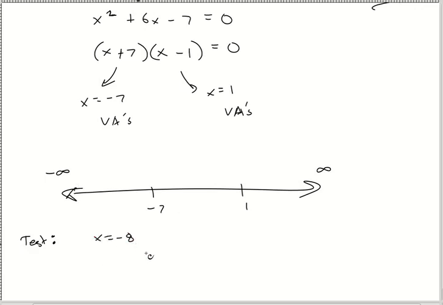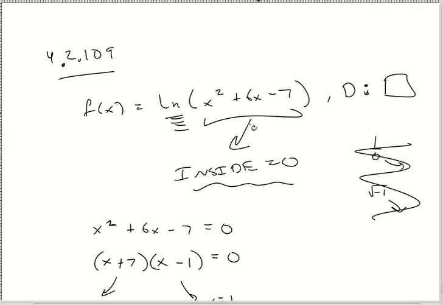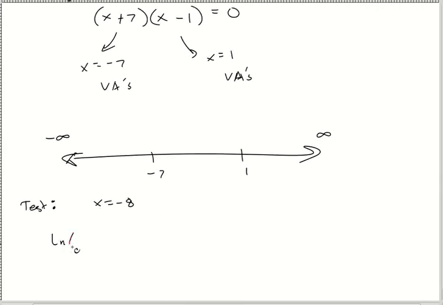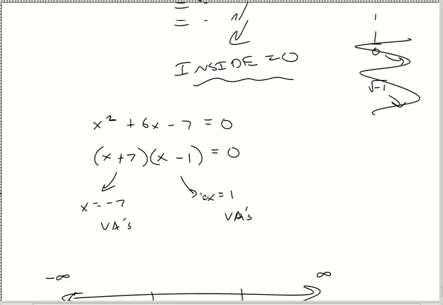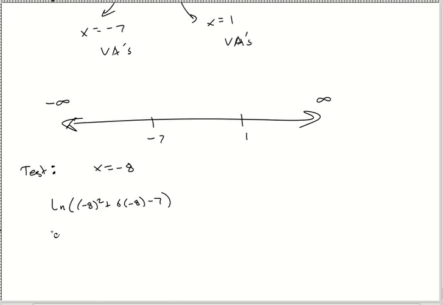Very good, negative 8. Plugging that into the very first original, I got ln of negative 8 squared plus 6 times negative 8 minus 7. I'm going to put this in the calculator just as you see it, since I didn't pick that on my notes.